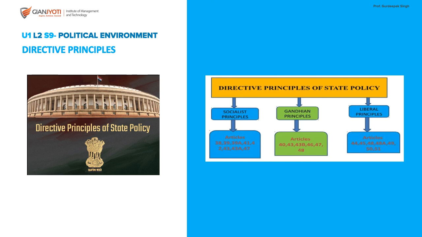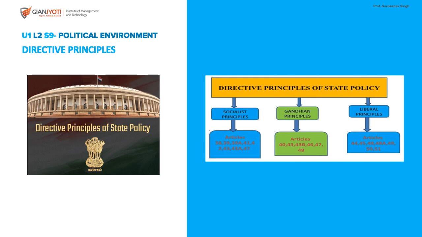Gandhian principles, like Gandhiji used to follow, used to promote the cottage industry, for example. So these directives are there that in the states also, at all the levels, this industry should be promoted. Now, in India, we feel cows are sacred animals, so cow slaughter should not be there.